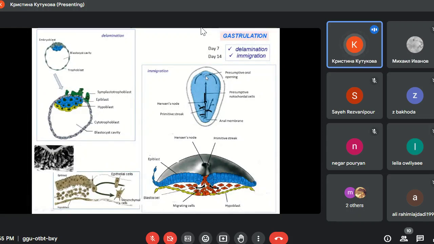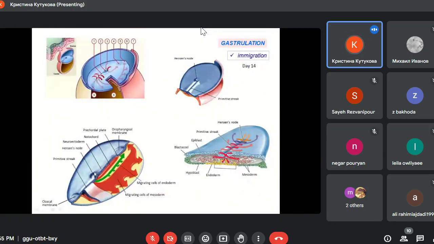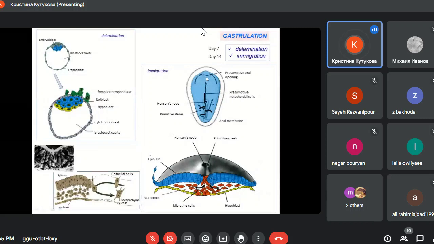And these cells will make first the so-called prechordal plate, and the next portion of migrating cells will make the notochord. I will speak about them later.